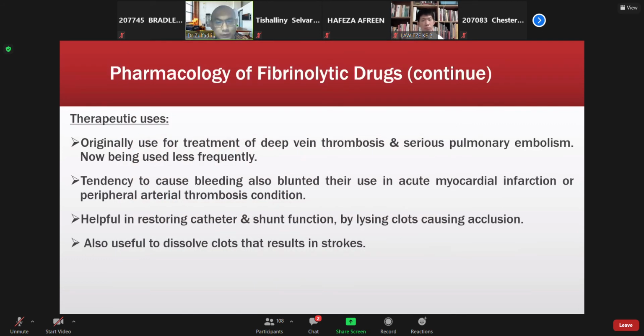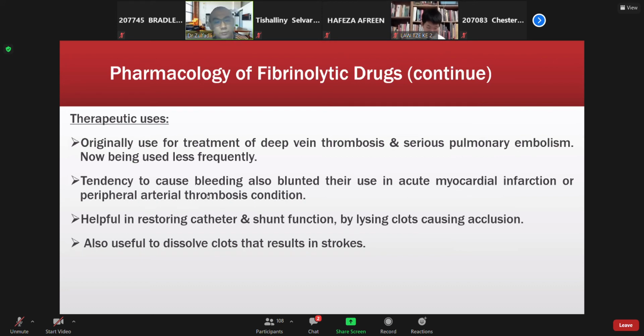The therapeutic use of these fibrinolytic drugs is to treat deep vein thrombosis and serious pulmonary embolism. Try to find the definition and the principle of deep vein thrombosis and pulmonary embolism.